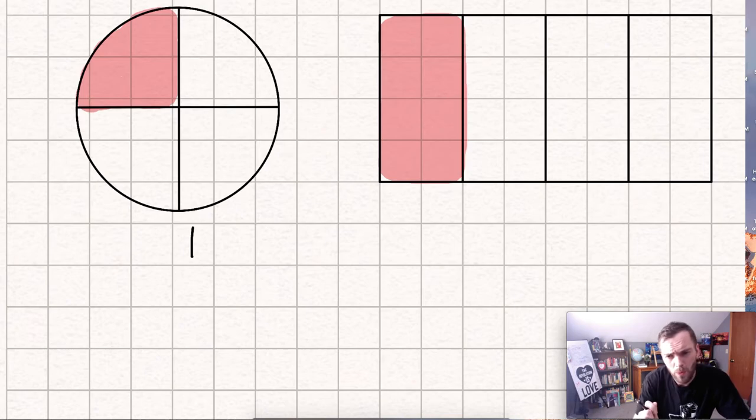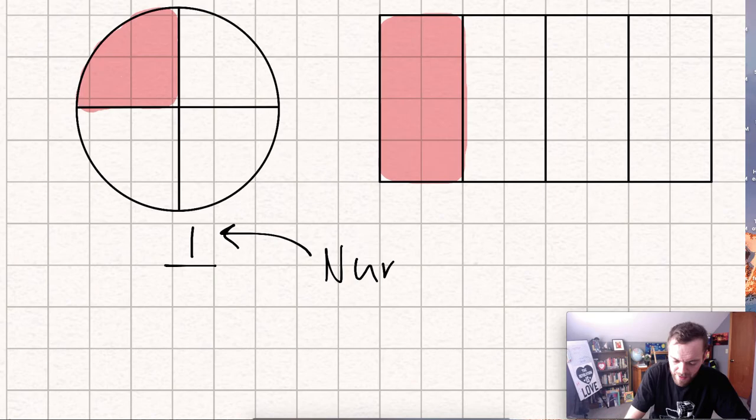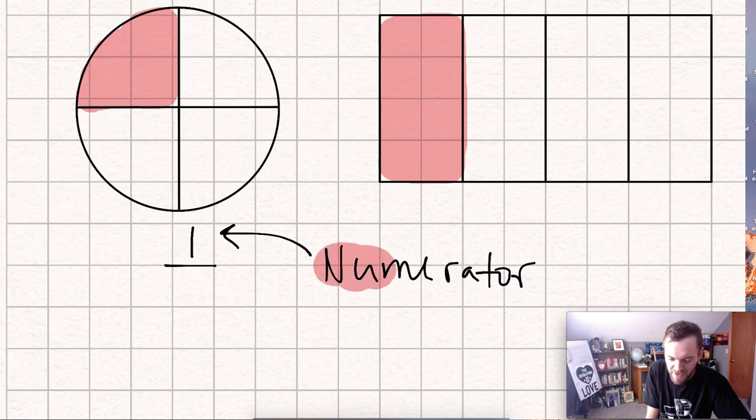Now, when we are talking about fractions, we chop something up, and when we count how many pieces, we call that the numerator. We've talked about this before. So the numerator is on top. And I always like to point out that the numerator has that word number, kind of num, in it, numerator.